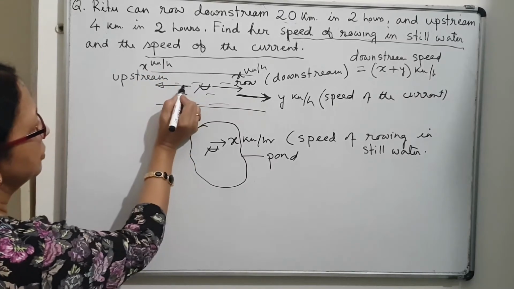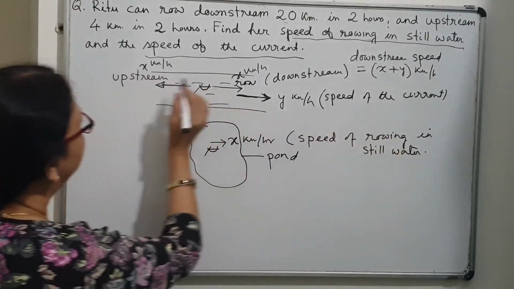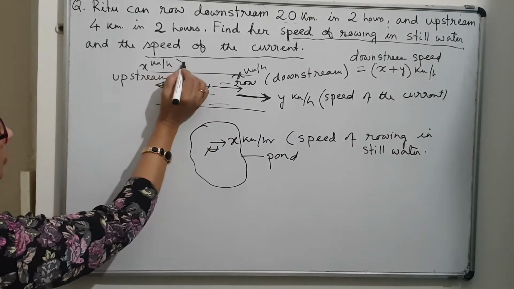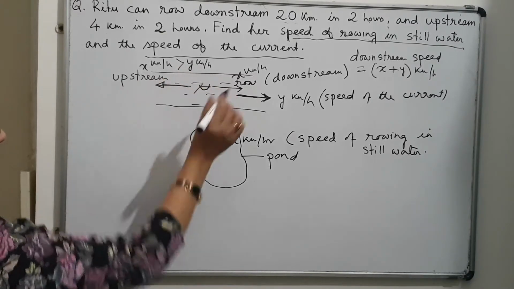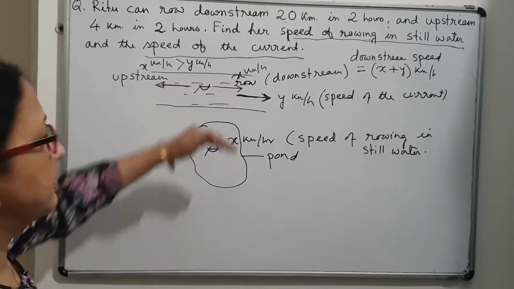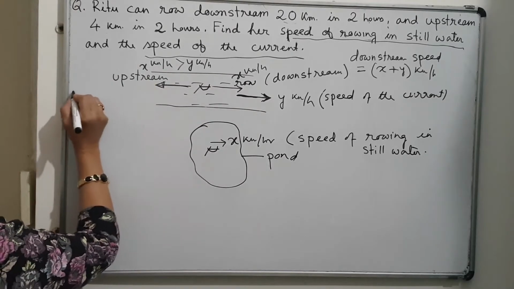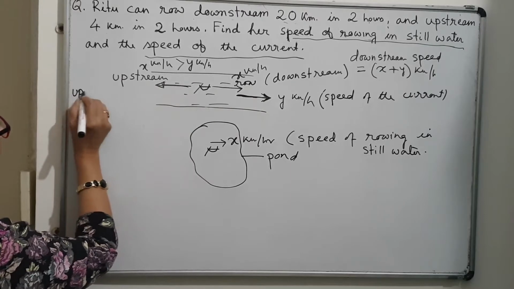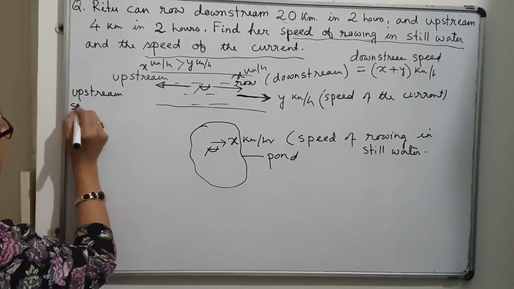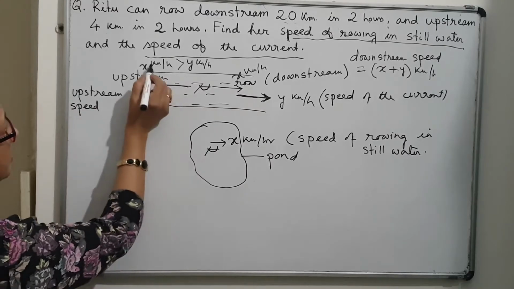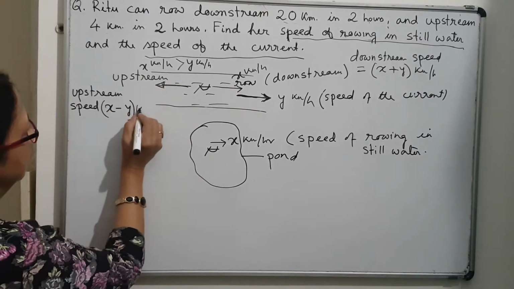If a person has to move against the water flow, then obviously this speed x has to be more than the speed of the current. That should be satisfied, then only you will be able to move upstream. So the upstream speed, as x is more than y, will be x minus y km per hour.